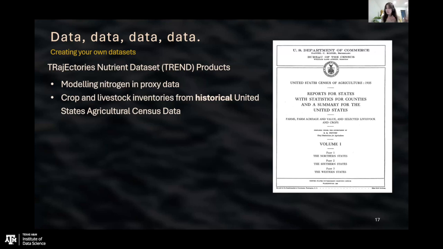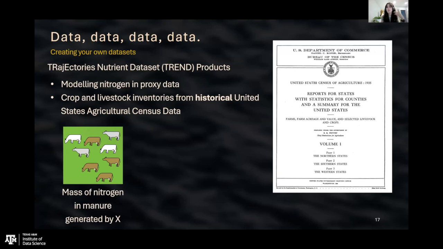For example, for these trend products, we're using agricultural census data from the 1930s, and of course, much of that is not digitized. Being able to take this data, digitize it, and then put together a data product with it is huge value added.